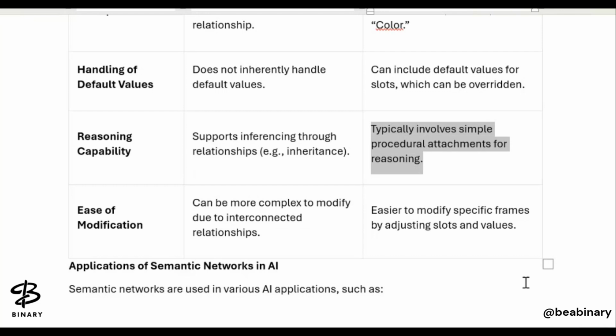Modification: in the frame we had talked about the advantages, also about being easier to modify, and about reusability and extensibility, right? In a semantic network, it can be more complex to modify due to interconnected relationships, because we are talking about relationships between concepts and the nodes are interconnected with each other.